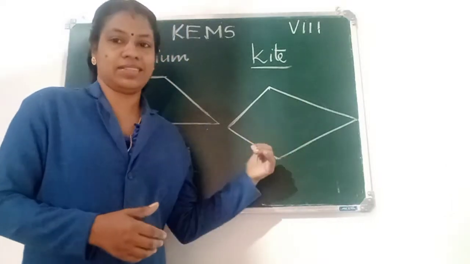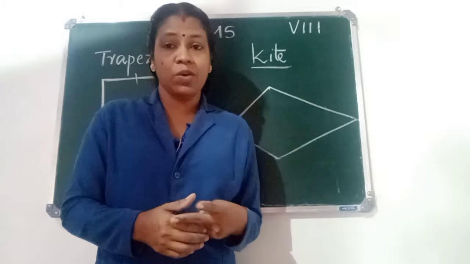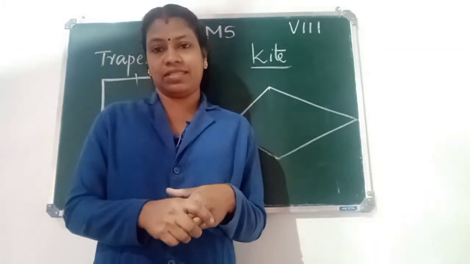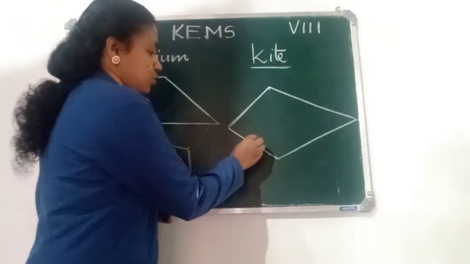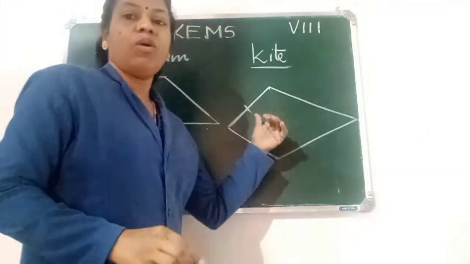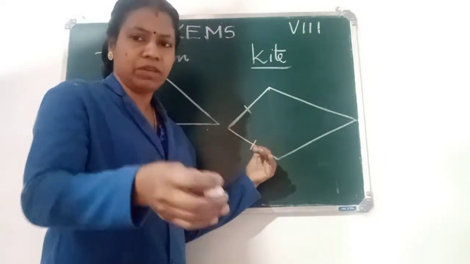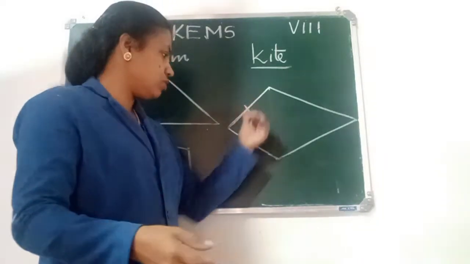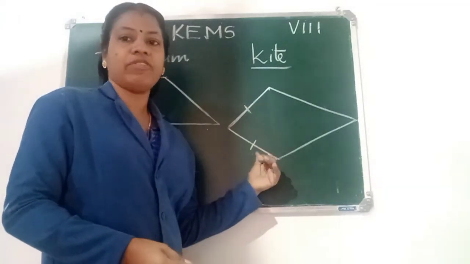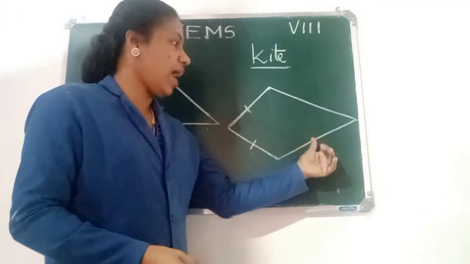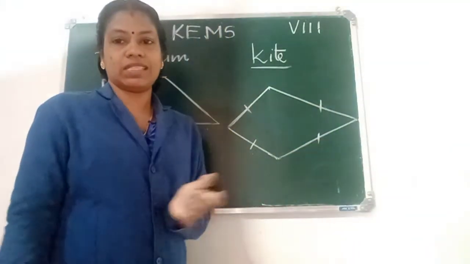So, in a kite, there are two pairs of equal consecutive sides. In this kite, these two are one pair of consecutive sides. Consecutive means continuous. So these two sides are consecutive sides. So this is one pair of consecutive sides.